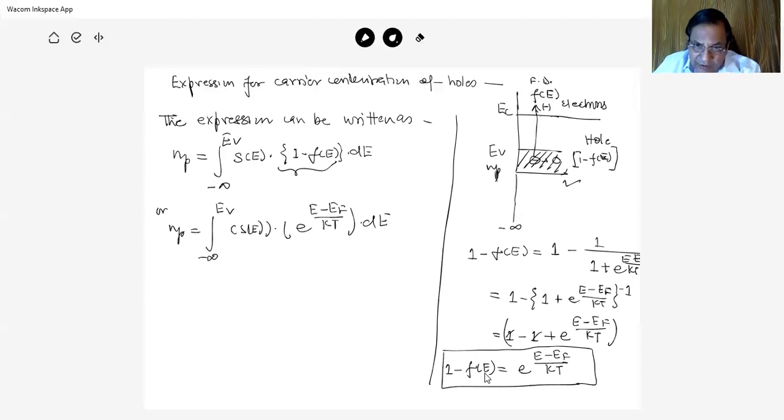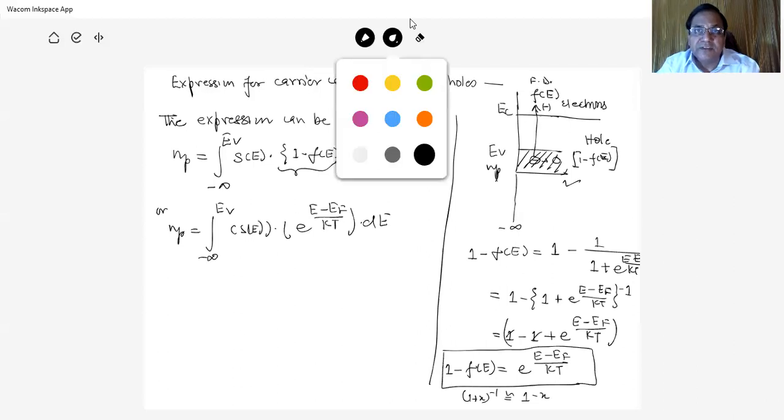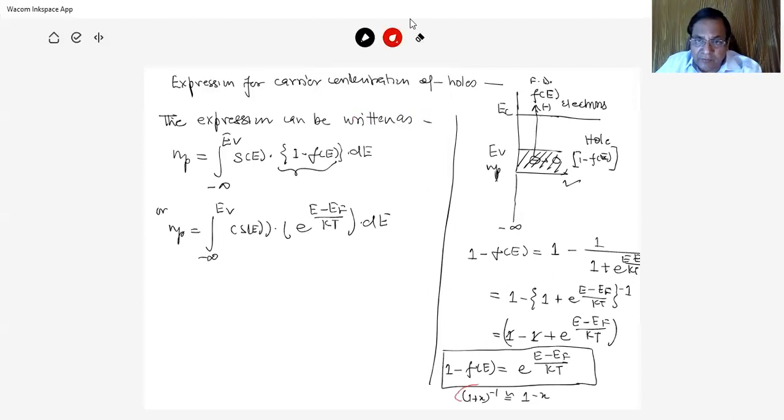This is based on (1 plus x) to the power minus 1 equals 1 minus x, the binomial theorem. By using this binomial theorem we get this expression.